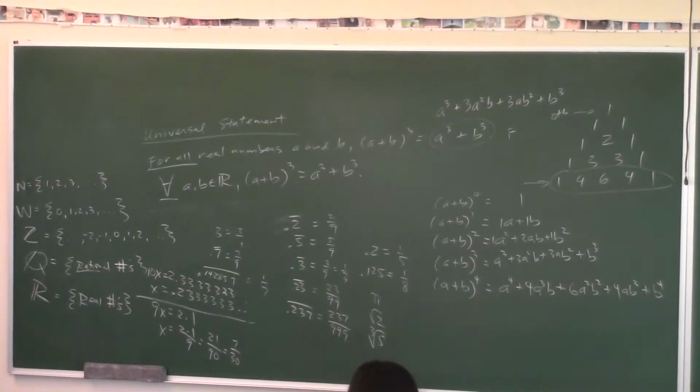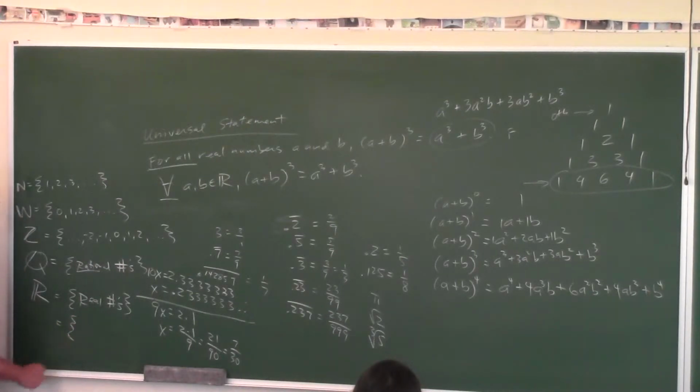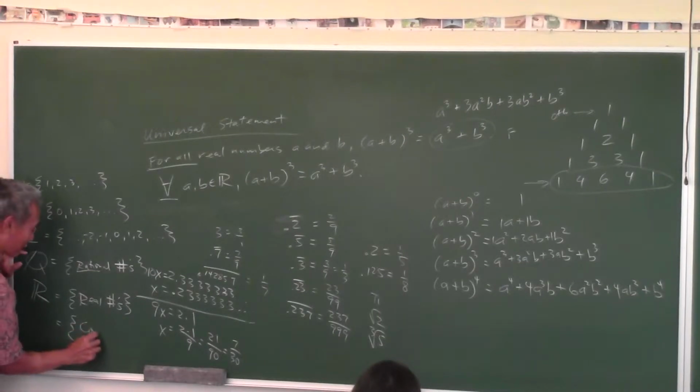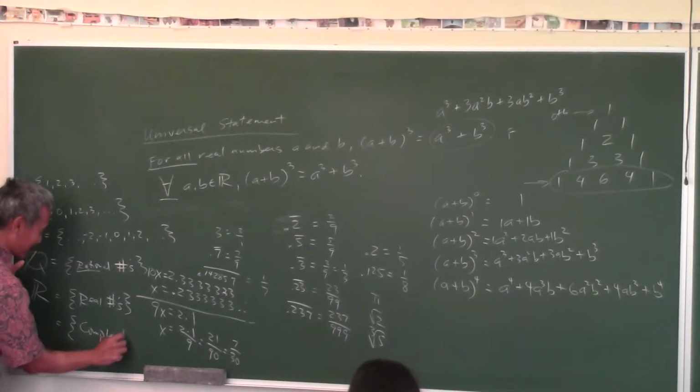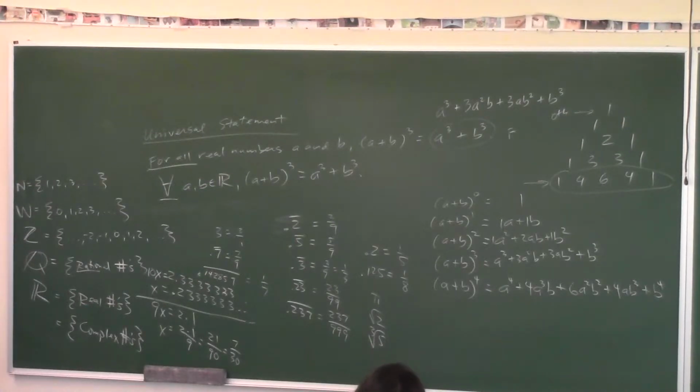Now, is that all the numbers that we learned? No. What is the set of all the numbers that we learned? I think I taught you this in summer school. The complex numbers. These are all the numbers that we know of. Now, what is a complex number again? You gotta know this when you take the ACT and the SAT.